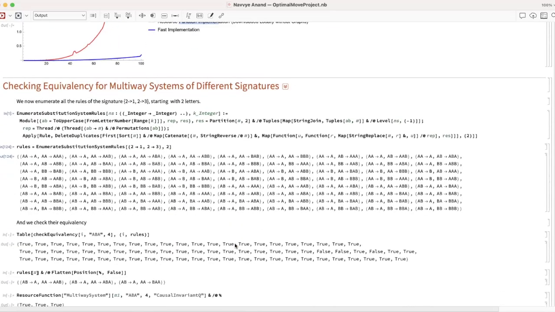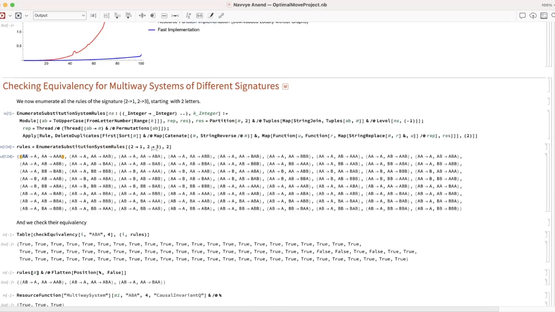And now we can check the equivalency of multi-way systems of different signatures. Given a signature, you can get a substitution system. So if you have 2 goes to 1 and 2 goes to 3, and you have 2 characters, that means the first string will be of length 2 and it'll go to a string of length 1.